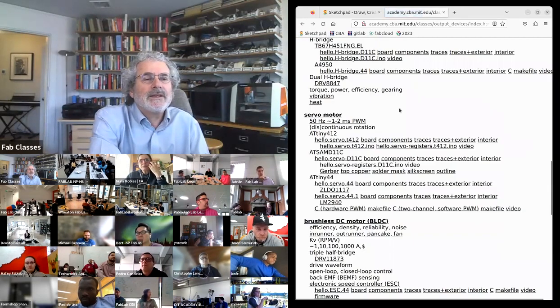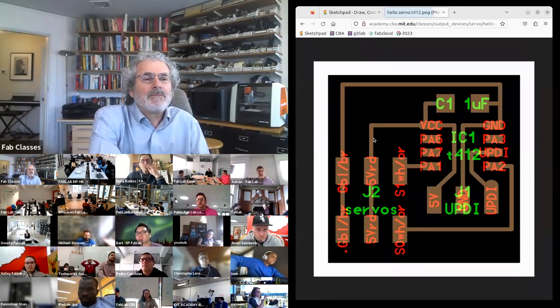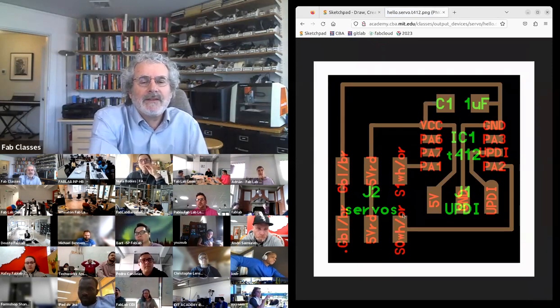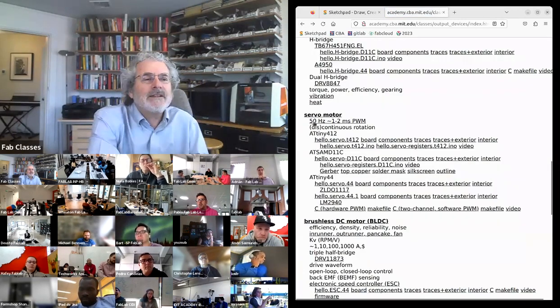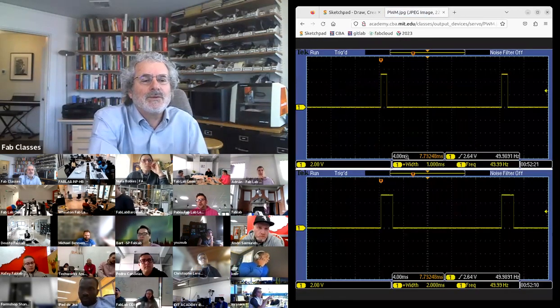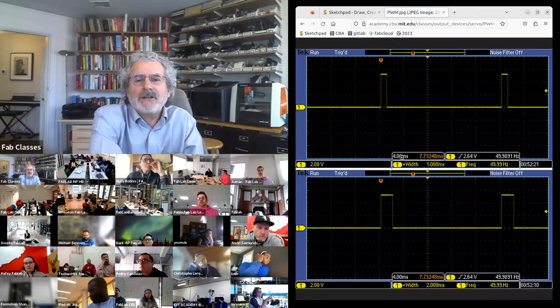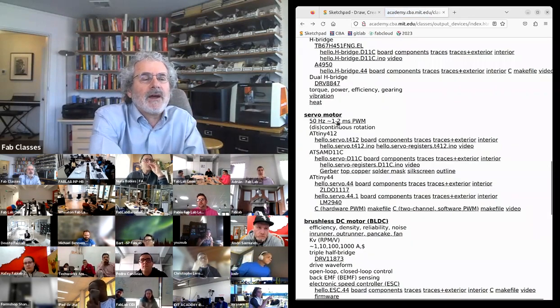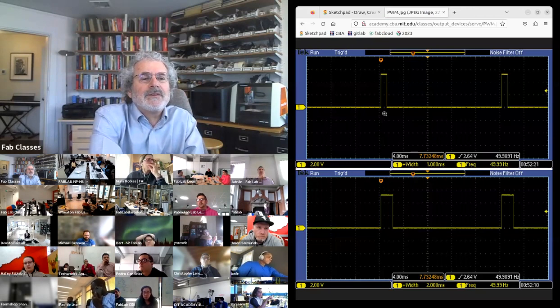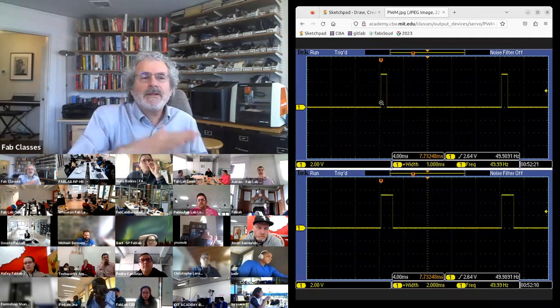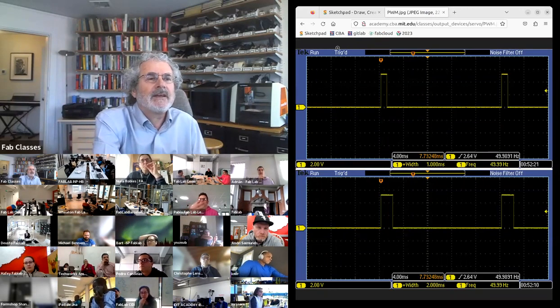All you do is provide ground power, and this is a pulse width modulation signal. And universally, these use 50 hertz as the frequency, and between 1 and 2 milliseconds is the angle.